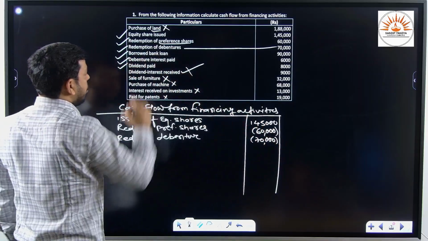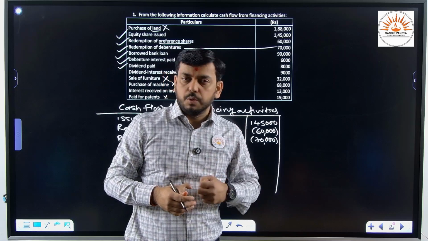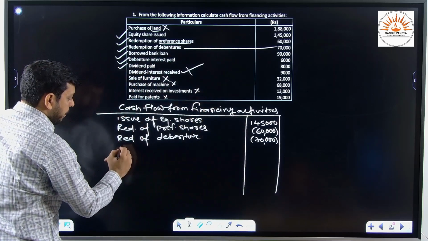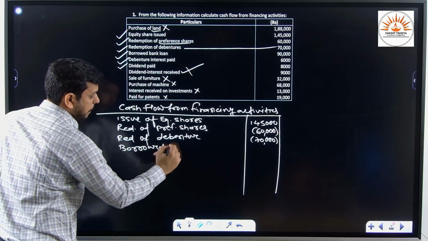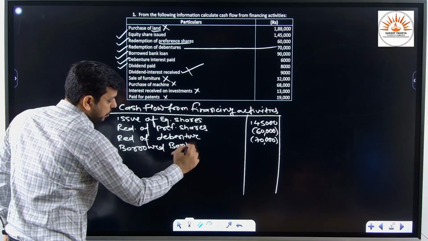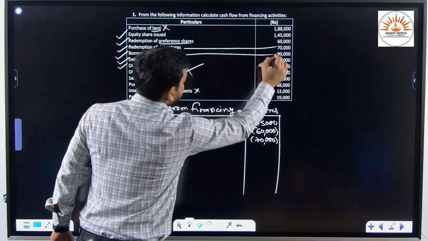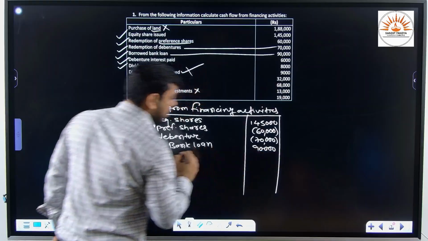Next one is borrowed bank loan. Whenever we borrow a loan from the bank, the bank gives cash to us, that is cash inflow. So we shall write borrowed bank loan, or you may write bank loan borrowed, that is rupees 90,000, that is positive, cash comes in.